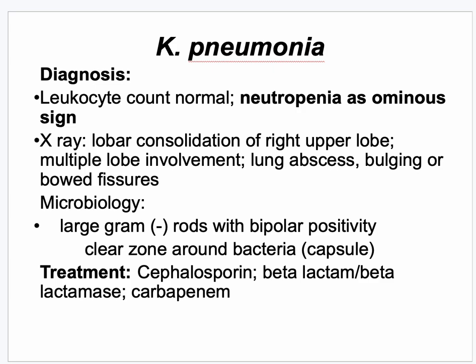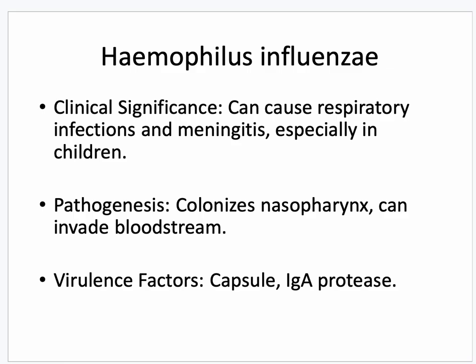On x-ray, you can see that there is pneumonia, but you cannot identify that it is Klebsiella pneumoniae. Then, on CBC, the leukocyte count can be normal, but neutropenia would be an ominous sign.